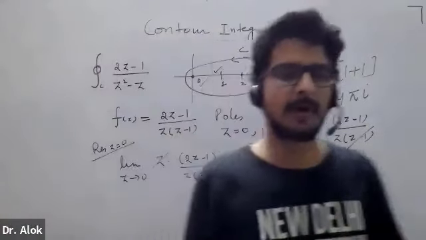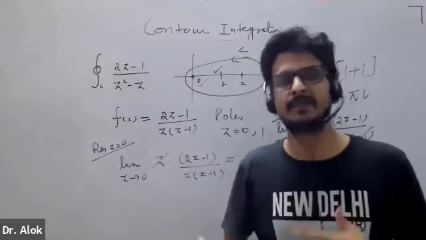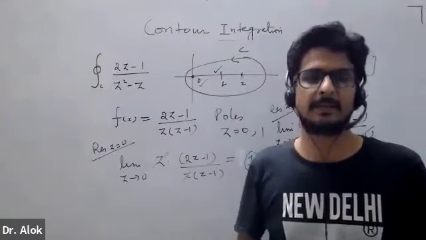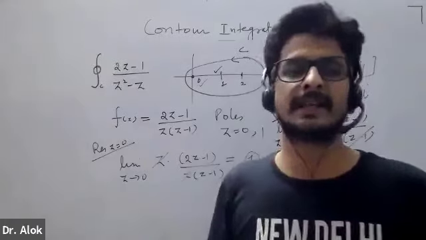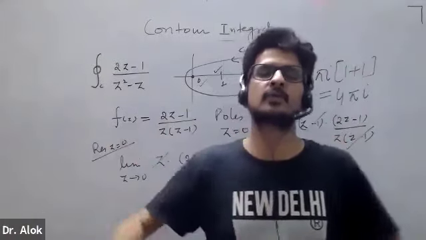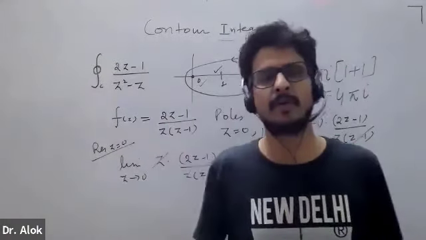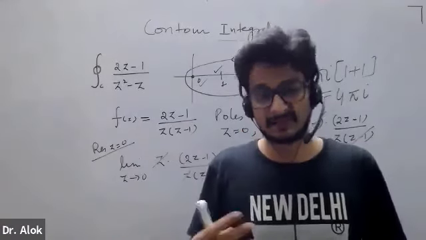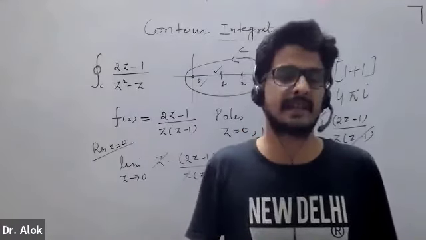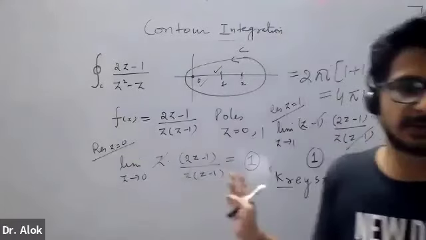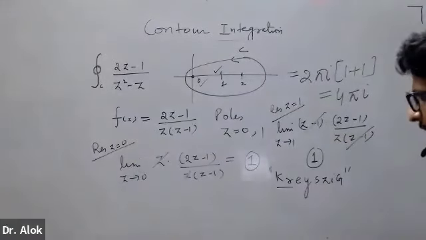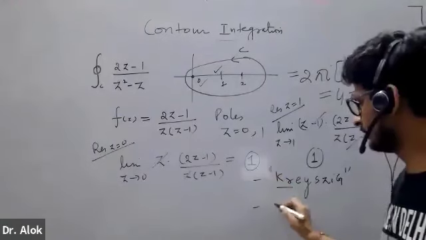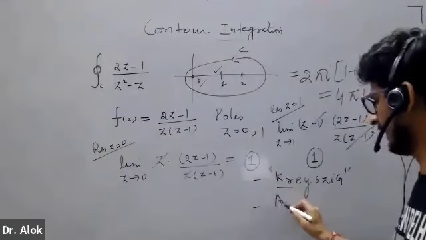And all the problems are very different, and they give you a lot of insight. The problem with books like H.K. Das is that it has the same type of problems, too many problems are given, so you get bored very quickly, and there is less confidence also because mistakes are there in those books. So these books are almost errorless, okay. And I will also do many questions from Arfken.